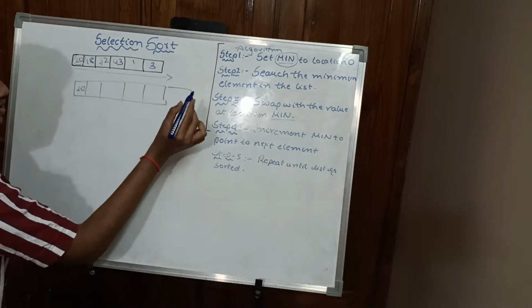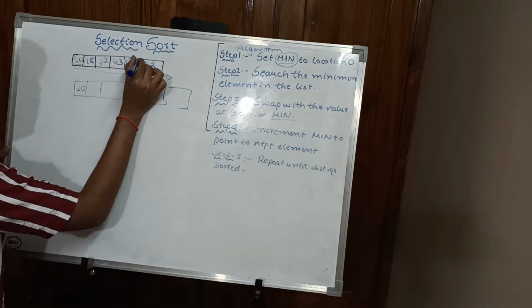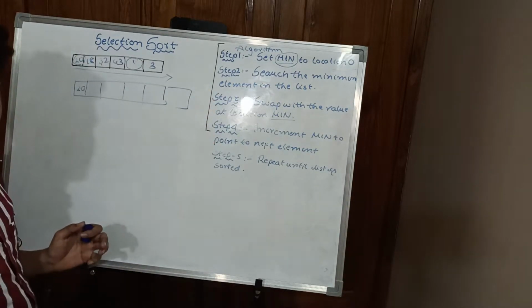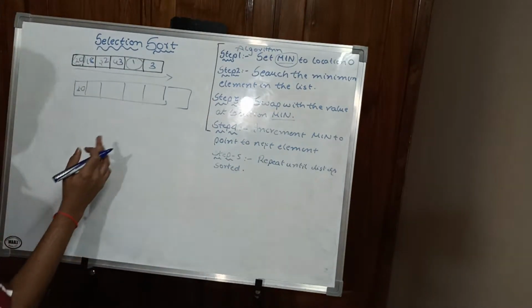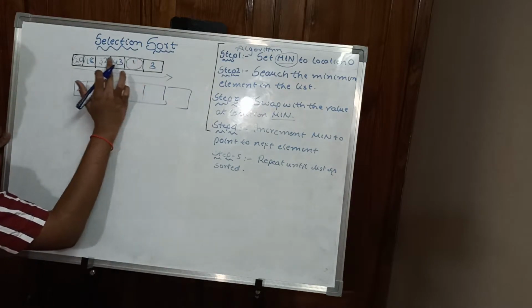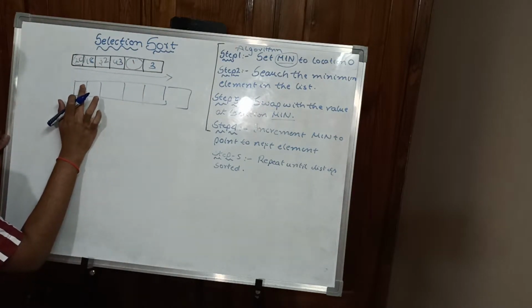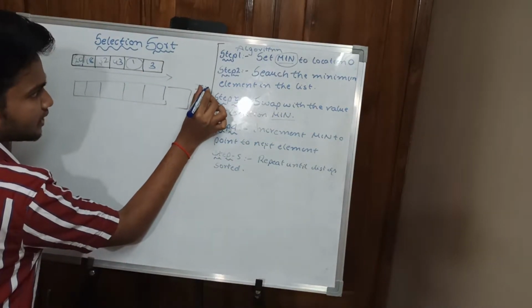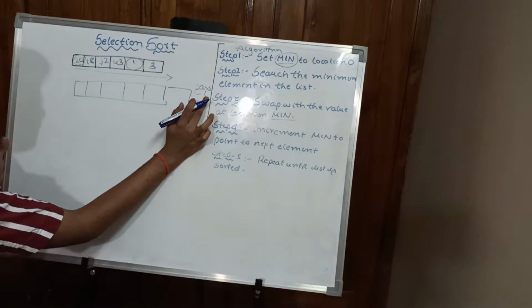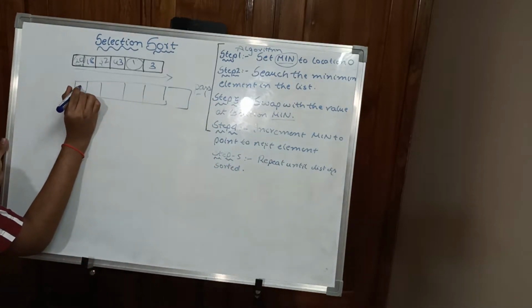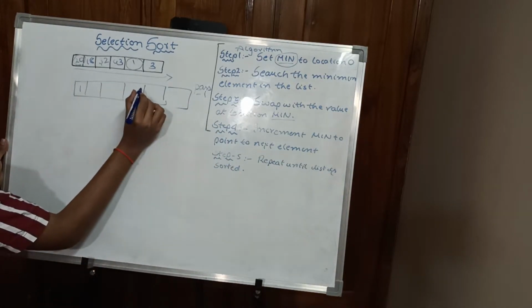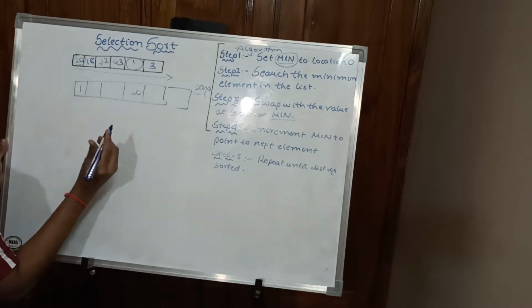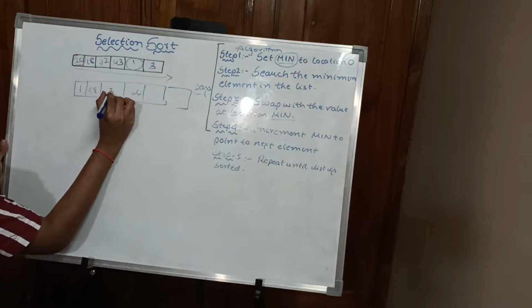So here 1 is the least element in the complete array. So we will swap 1 with 20. By the end of pass 1, that is by the end of the first iteration, 1 will come here, 20 will come here. Remaining everything is similar.